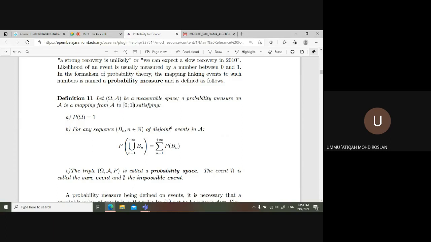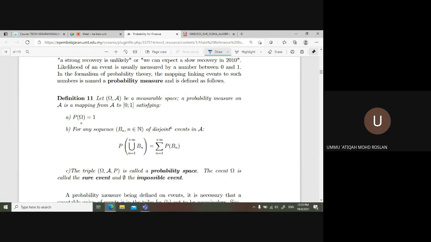Recall that the [0, 1] here refers to the probability values, where the probability must be between 0 and 1, and it must satisfy the following three conditions. The first condition says that the probability of omega is equal to 1.